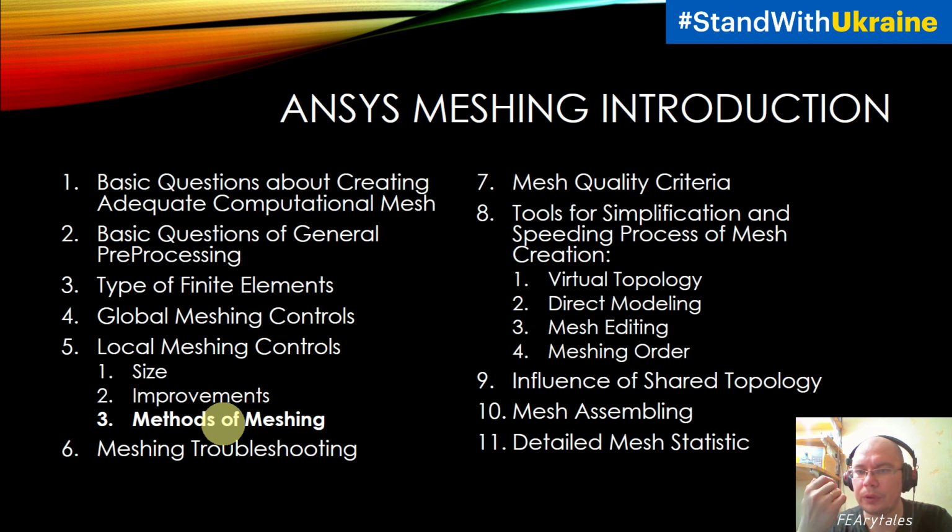For example, it can create a more adequate and faster mesh if we create this order by hand. Also, we need to talk about shared topology and how it influences the mesh result.